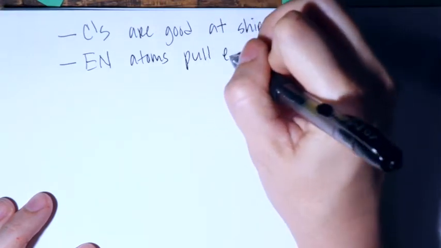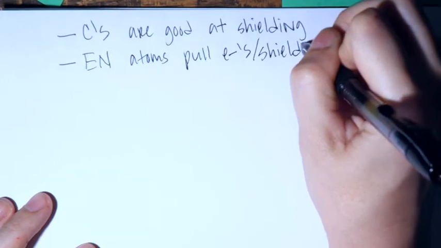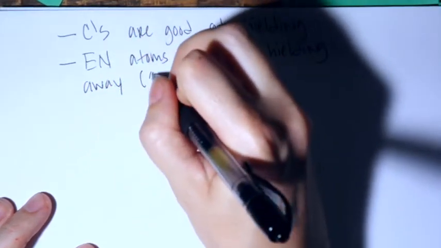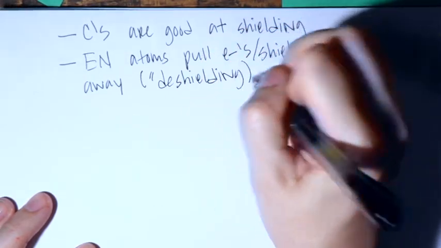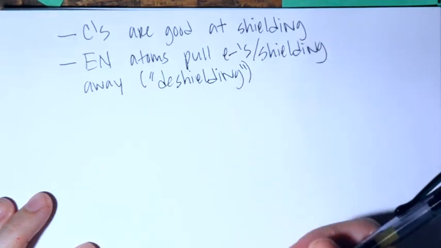Electronegative atoms pull electrons and the shielding away from the carbon. We call that effect de-shielding, which results in it going more downfield. So de-shielding goes downfield, to the left.